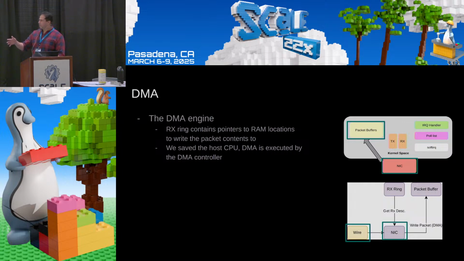The NIC does its modulation and demodulation, translating the electrical signals to digits, zeros and ones, and from there gets an RX ring entry. An RX ring entry contains a descriptor, so we know where to copy our data to. The NIC then uses DMA to copy the data contents to the packet buffers. At that point, it can raise an interrupt to the operating system and say, I have a packet, go service it.